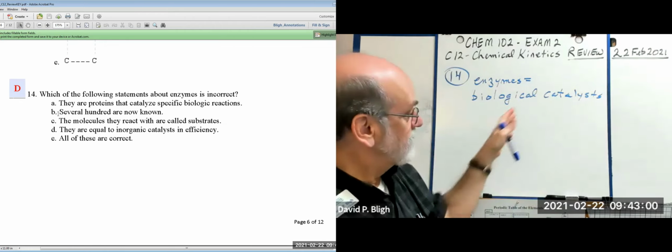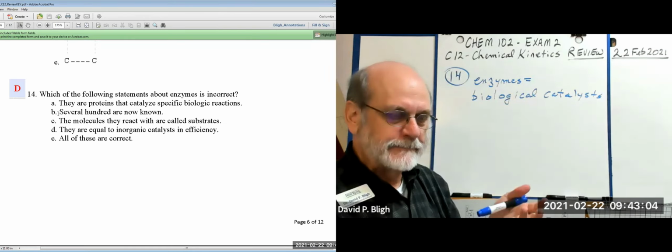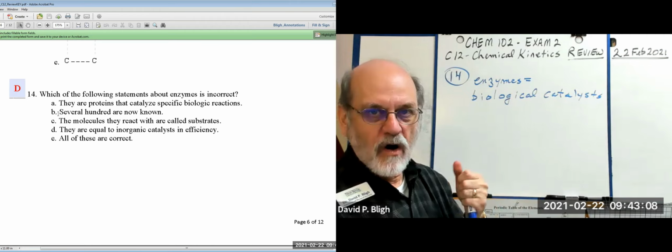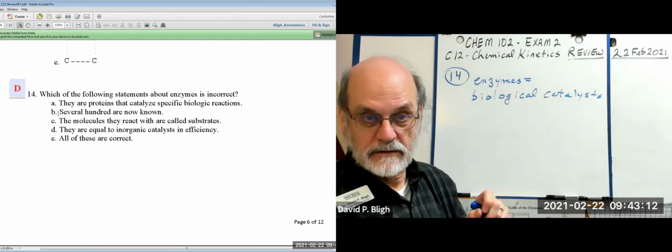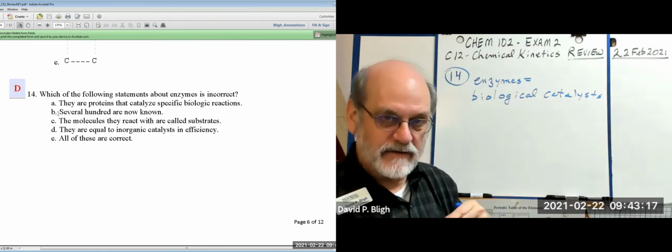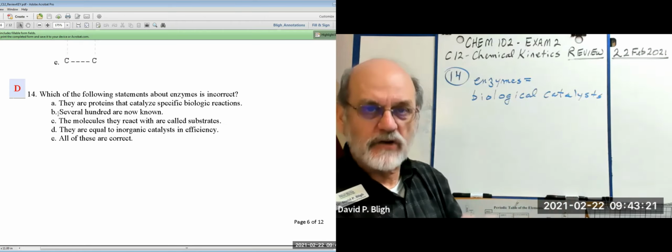That being said, they are catalysts. They provide that alternate pathway, but they're much more than that, because enzymes are active. That is, an enzyme can be active or it can be inactive. And if it's inactive, it won't work, right? And the cell is under control.